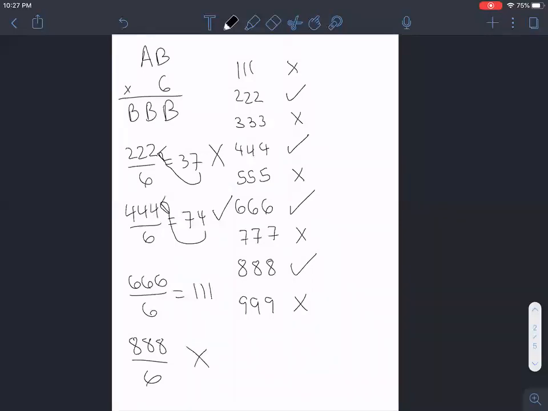So the only one that works here is 444. So now we figured out that B is equal to 4. And from our division, we also know that A is equal to 7.